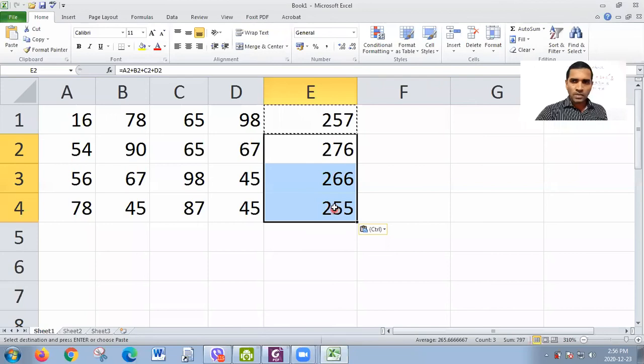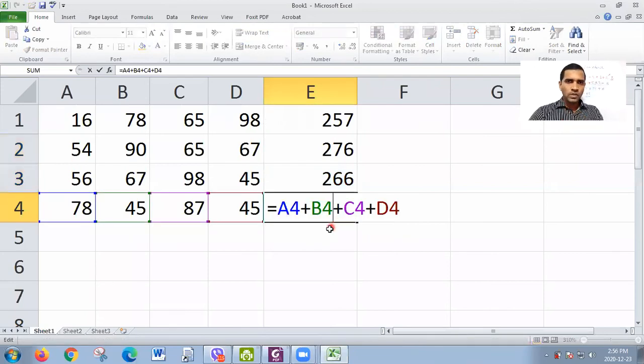I want to double click right here. See, we got that exact formula. But note, I didn't type this, right? I did not type this formula equal A4 plus B4 plus C4 plus D4. I got it because of that copy paste action.